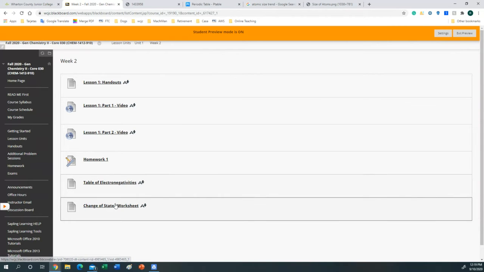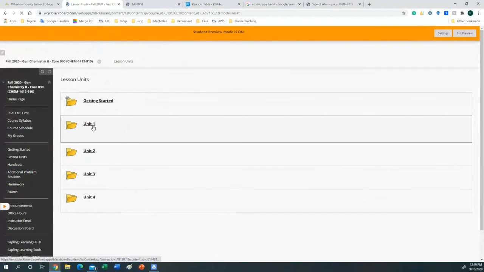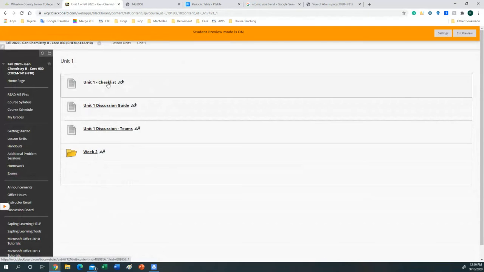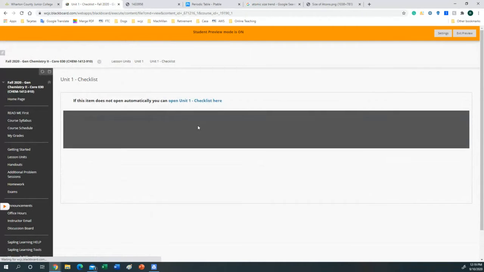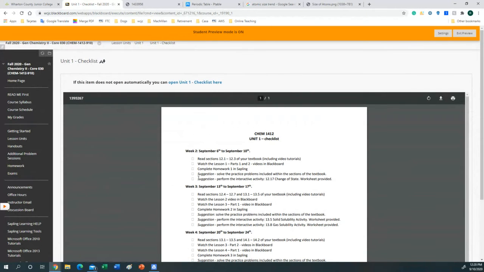Now, this worksheet belongs to, just remember, change of state for this week, okay? Remember that title there. When I go to the checklist, the suggestion is to perform the interactive activity change of state.